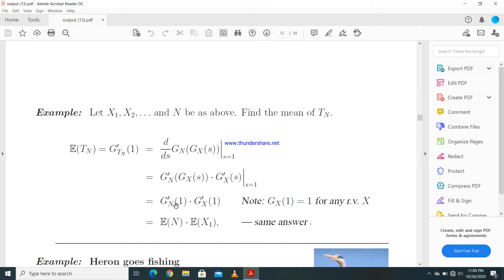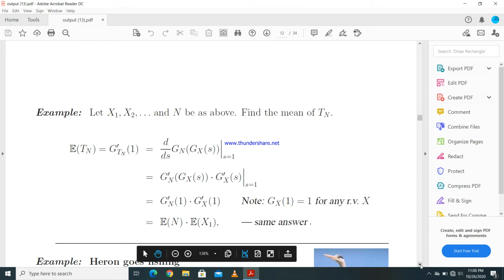So Gx(1) is equal to 1. So you have G'n(1) times G'x(1). G'n(1) means you are taking the expectation of the random variable N, and here you are taking the expectation of random variable x. So this is what we received when we used the ordinary method to solve this. So we get the same answer using the probability generating functions as well.